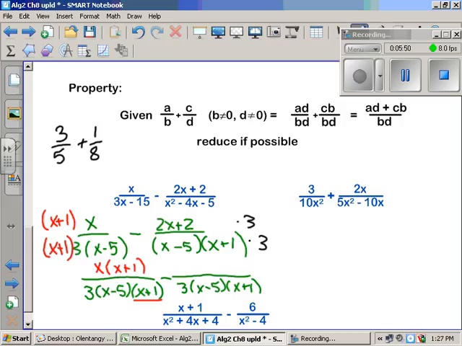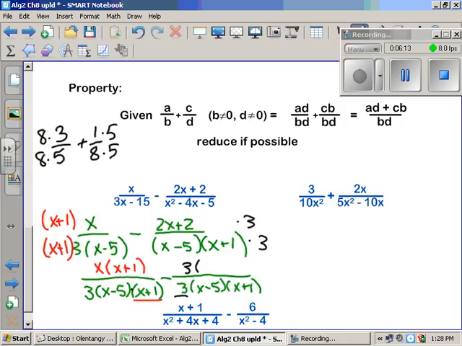Yeah, you'd multiply this one by 8, right? And you multiply this one by 5, right? So that they had common denominators. Well, that's what we're doing here. We're taking everything that's not already in this one and multiplying by it, and then taking everything that's not already in this one and multiplying by it. Okay?